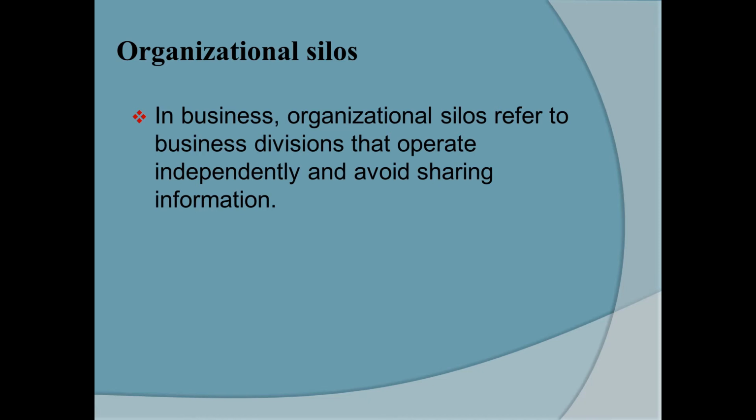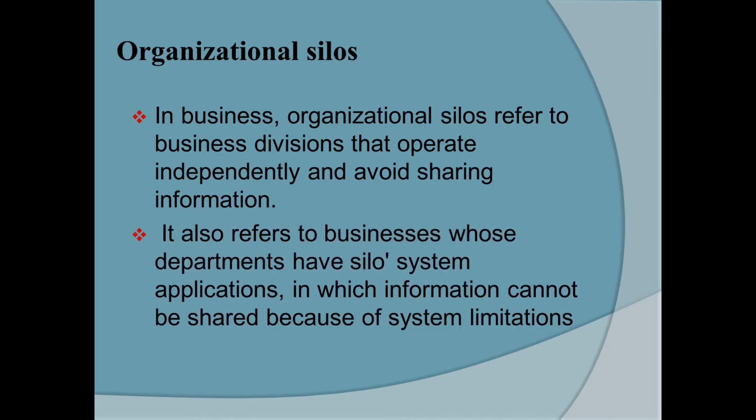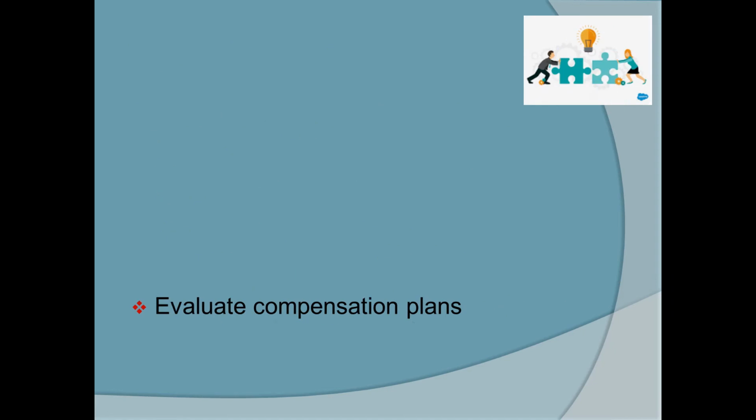So this is not good. It also refers to businesses whose departments have silo system applications in which information cannot be shared because of system limitations. Again, this could not be good for an organization.